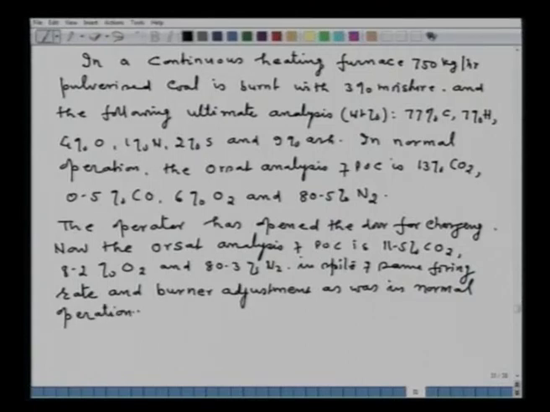What he has done is just open the door and analyze the POC by Orsat apparatus. He finds that the analysis is changed. He thinks that he has not changed the firing rate, he has not changed the burner adjustment, he has done nothing, but he is surprised that the analysis of POC is changed.